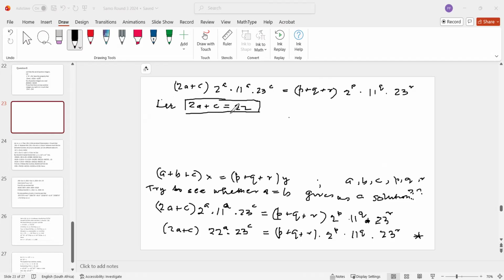Okay, so in place of 2 to the power of 2a plus c, I'm going to put 2 times 11.